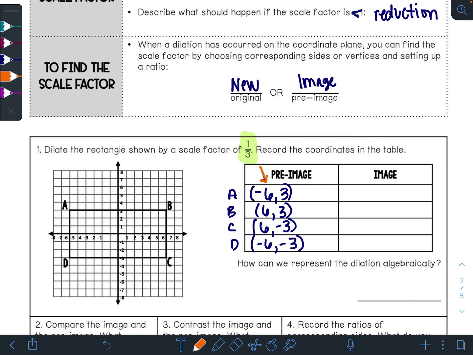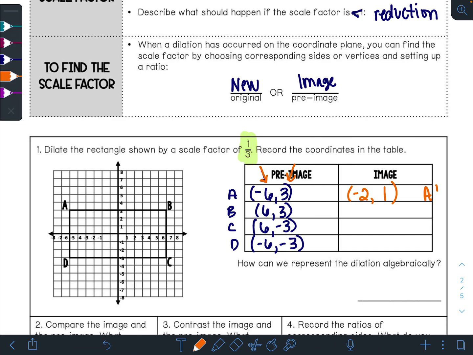If you multiply -6 times 1/3, you get -2. If you multiply 3 times 1/3, you get 1. So I took my x value and multiplied it by 1/3, and then I took my y value and multiplied it by 1/3. And I'm going to do that for each one of my points.